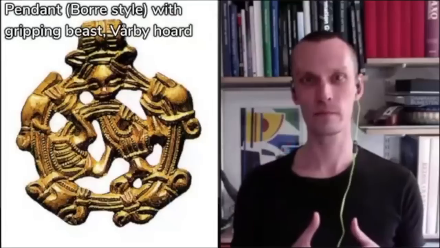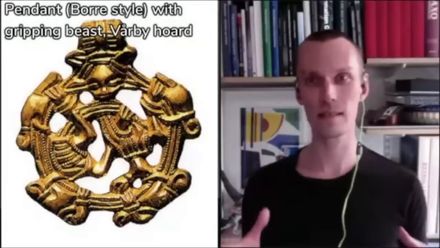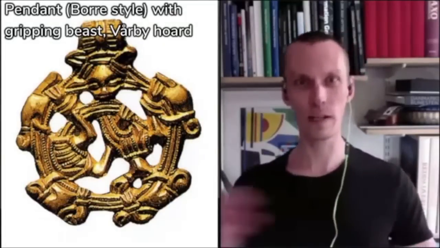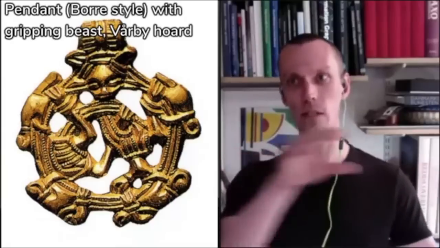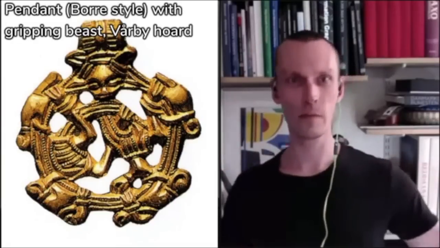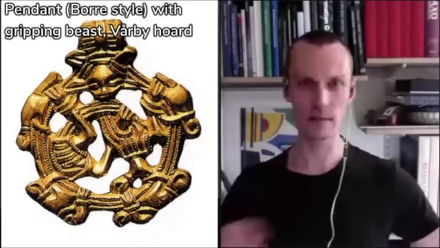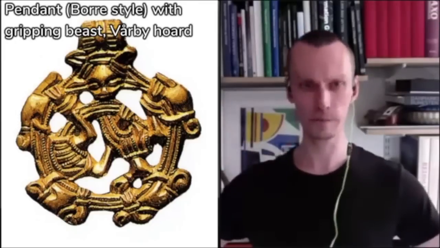And that's a peculiar time period regarding the art, because we don't have a very good representation of, or shall I say, at least to my knowledge, it's hard to draw the line between the style periods from the Broa style to the Borre style.